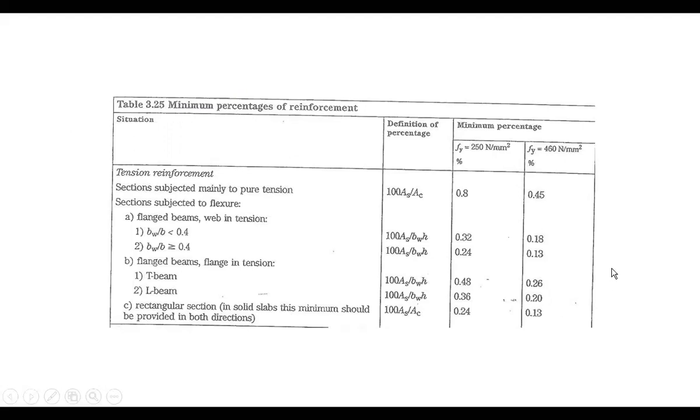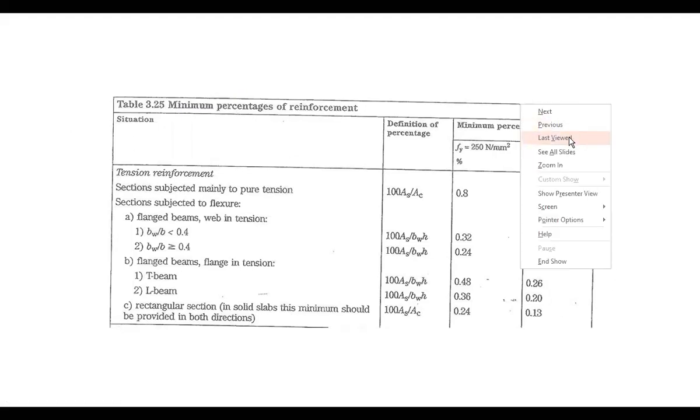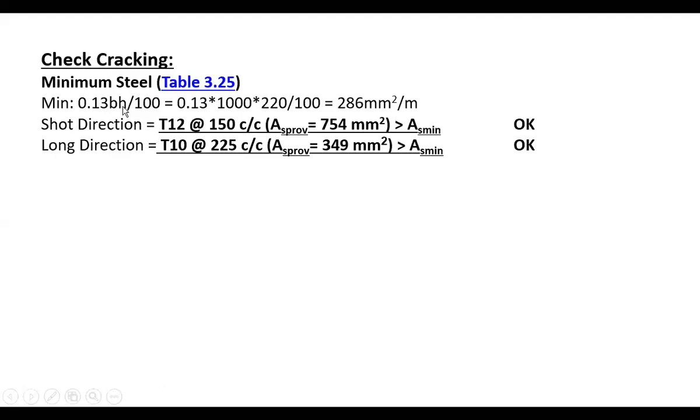So from here, we can calculate the minimum steel reinforcement, 0.13 BH divided by 100. So 0.13, and always B is 1,000 millimeter in solid slabs. H is the total height, 220, divided by 100, times 0.13%. So it gives us a reinforcement of 286.